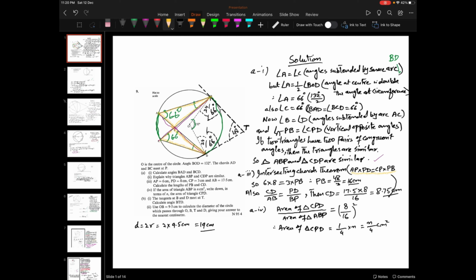Hence, area of triangle CPD is equal to 1 upon 4 times the area of triangle ABP. But the area of triangle ABP is given in the question, which is N. So area of triangle CPD is equal to 1 upon 4 times N, or N upon 4 centimeter square.